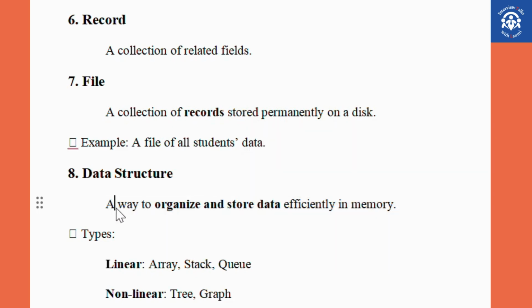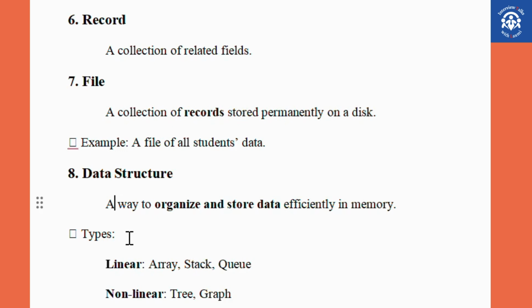So we will have a number of data. Suppose I have students' data in my hand. How I need to organize the data and how I need to store the data efficiently in memory, that is what data structure.